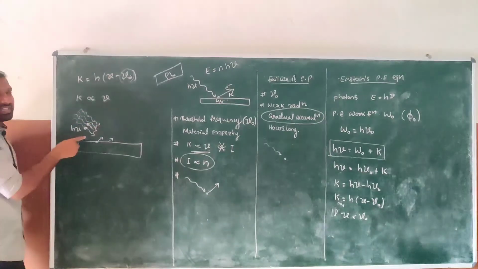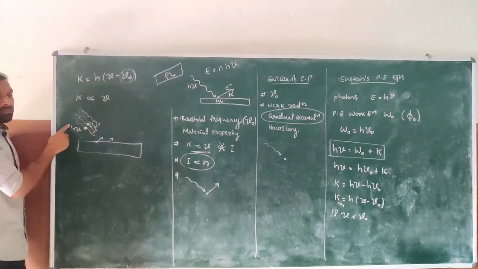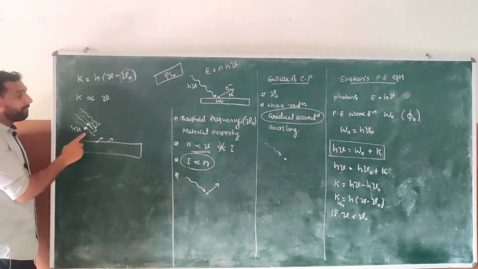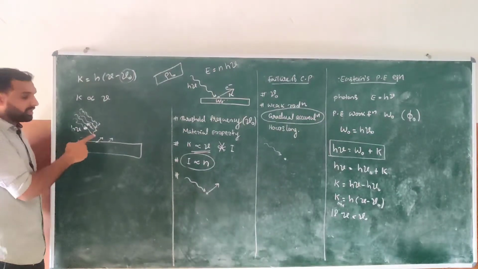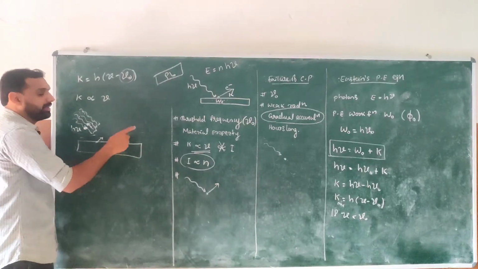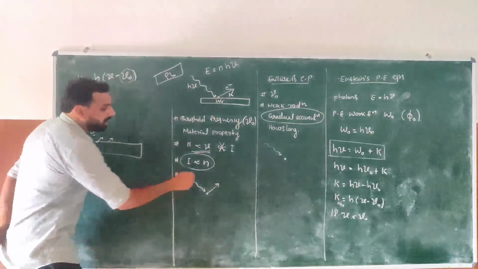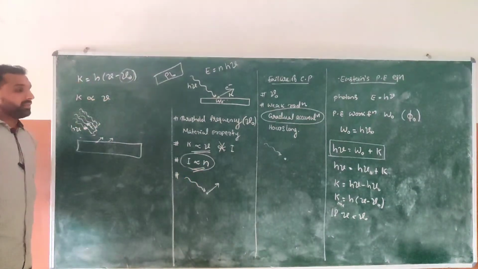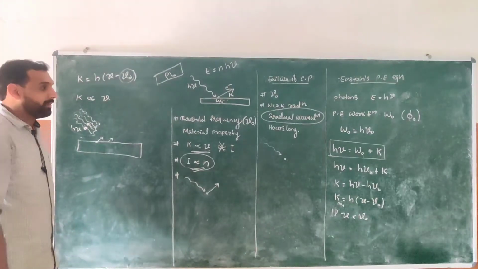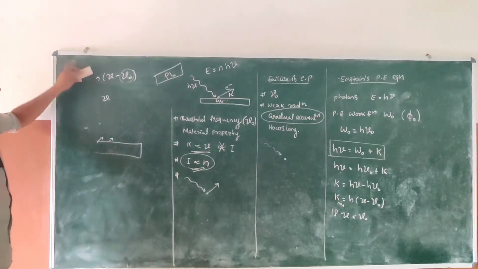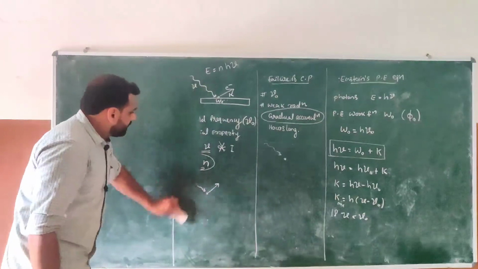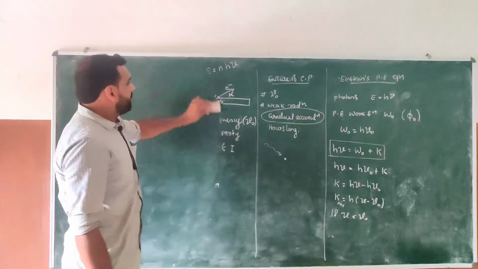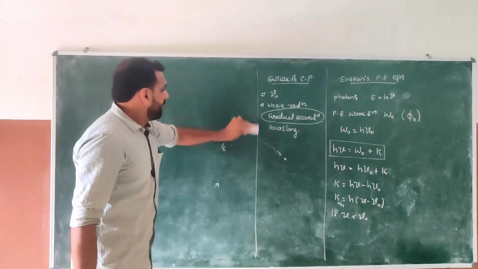So if we increase the intensity, the number of photons will increase, and when the number of photons increases, the ejected electrons will increase. That is how this is justified. That is the explanation from Einstein for the photoelectric effect.